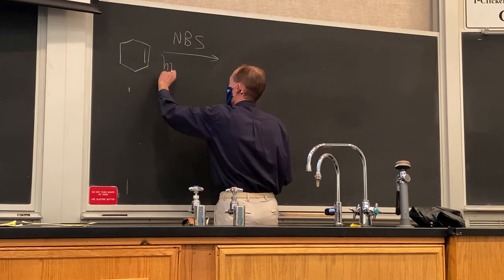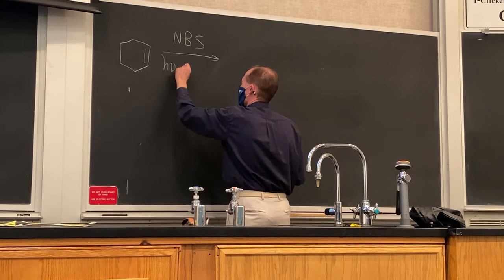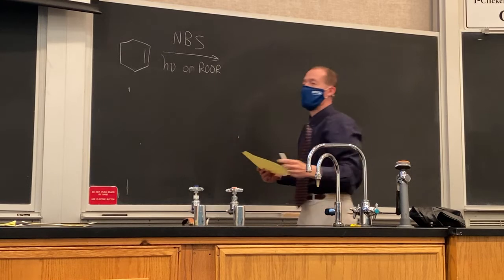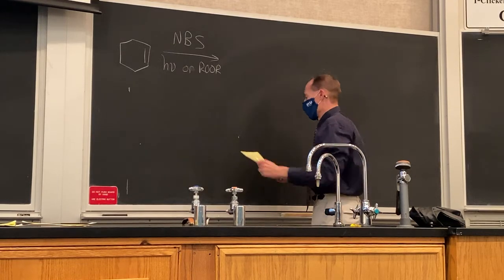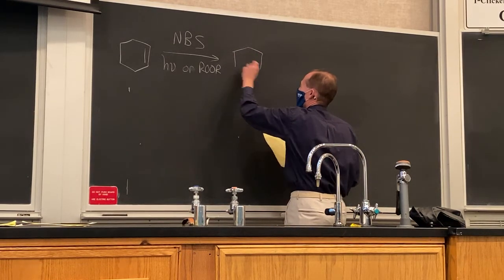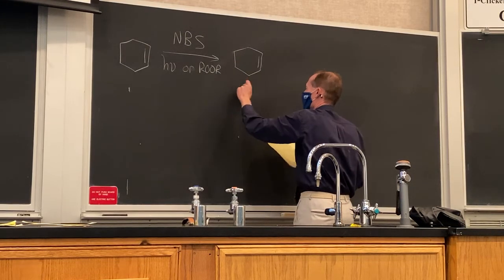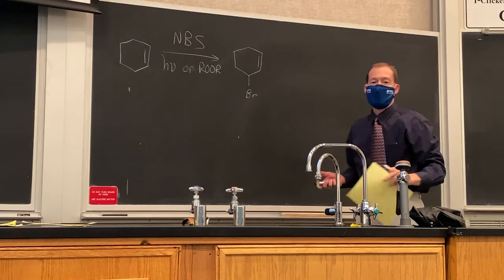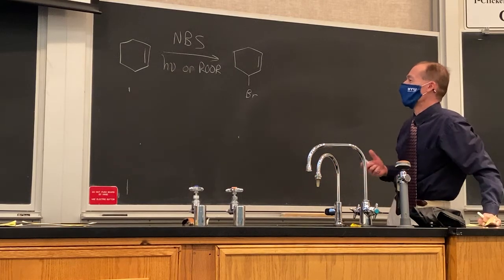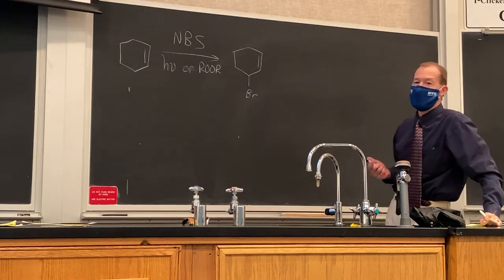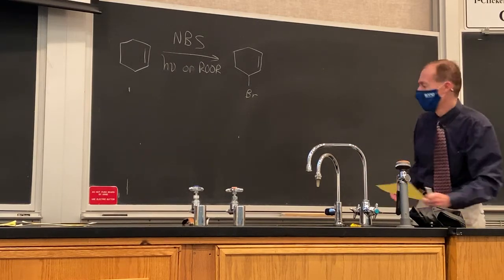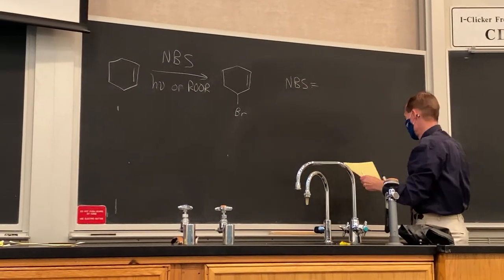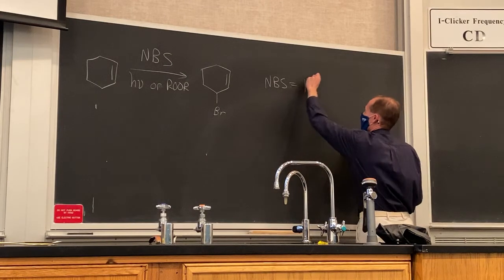If we do that in the presence of light or peroxides, remember peroxides are radical initiators, then we obtain a bromide where the radical substitution has taken place at the allylic carbon and only at the allylic carbon. Okay? So I'll draw the structure of NBS over here, and then we'll take a look at the mechanism of this reaction.